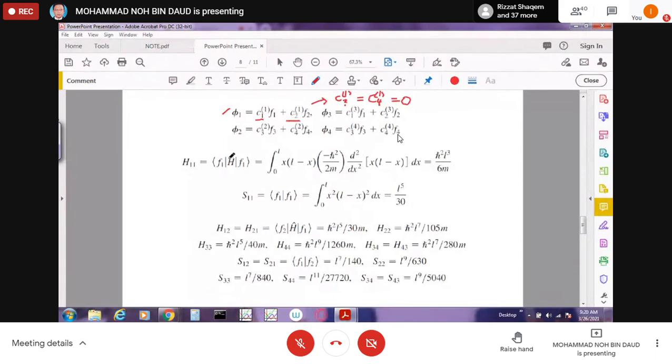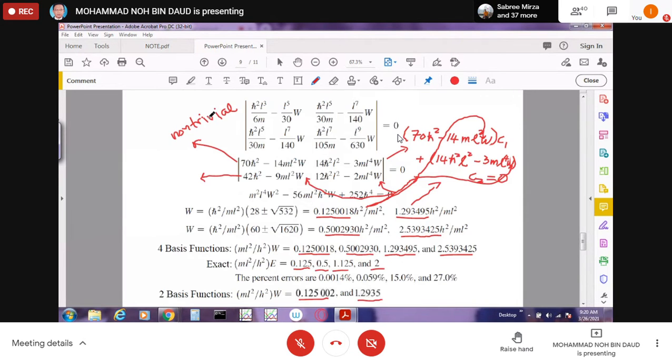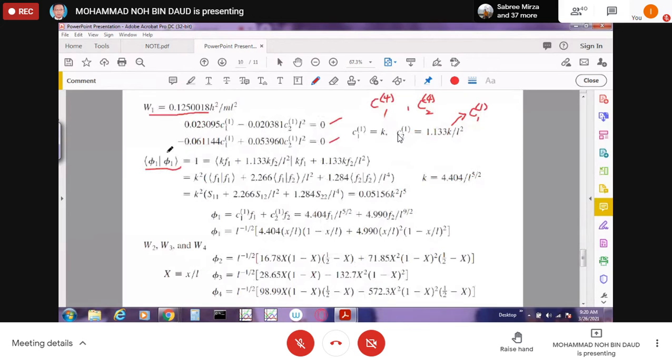So we apply the normalization condition to this phi 1, not the normalization constant. You learned in Physics 1 and Physics 2, by setting this integral to be 1. So we know C1 and C2 in terms of K, in other words C2 in terms of C1.